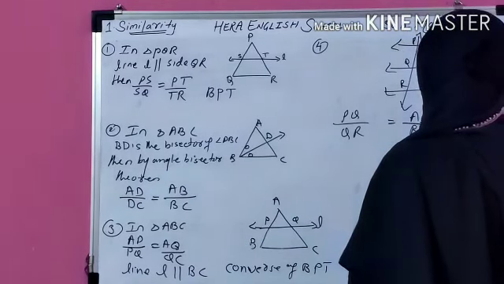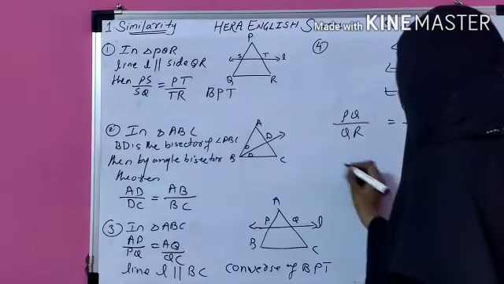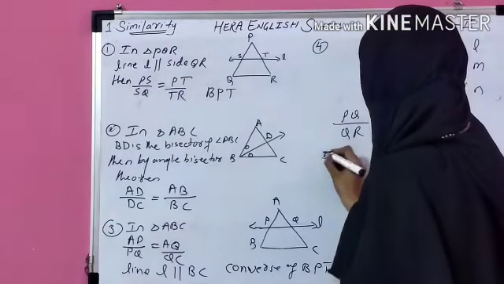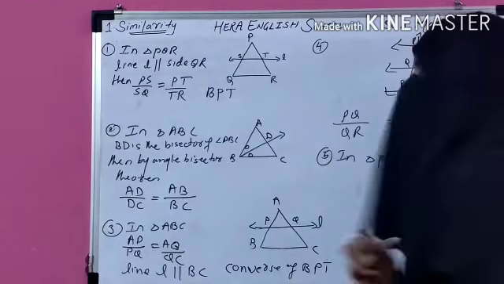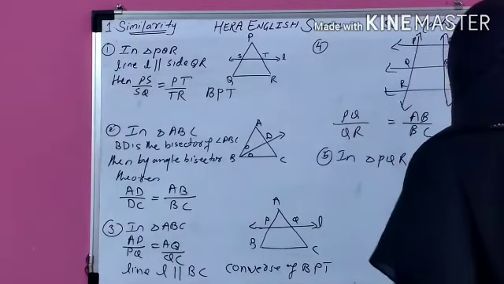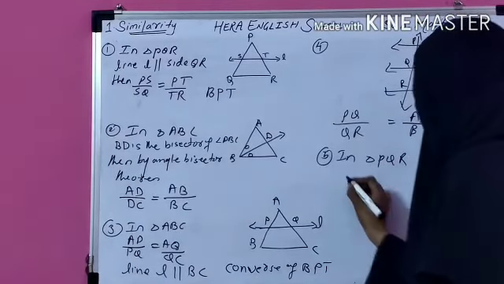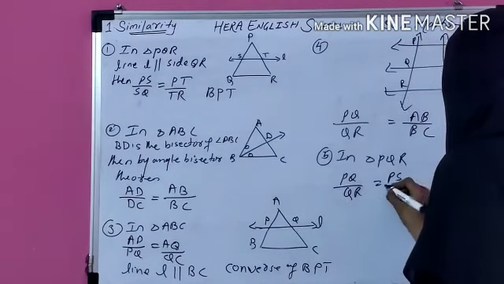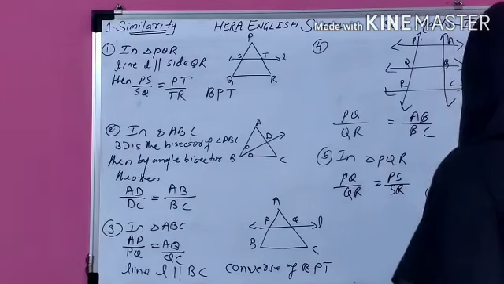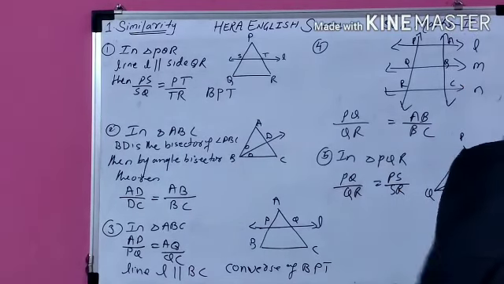Okay. Now one more example, the fifth example. In triangle PQR, they say PQ upon QR is equal to PS upon SR. Then you have to prove QS is a bisector.